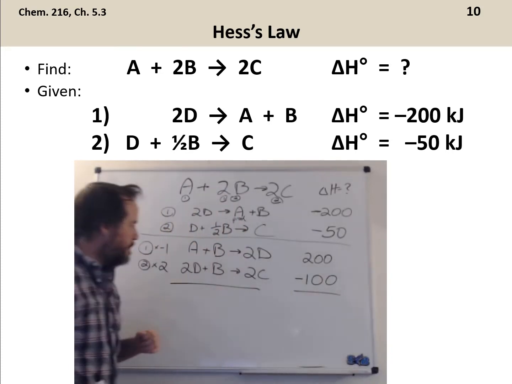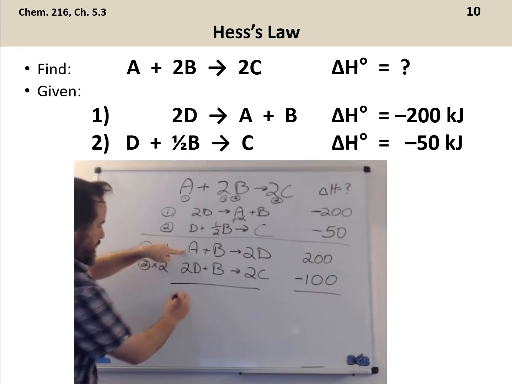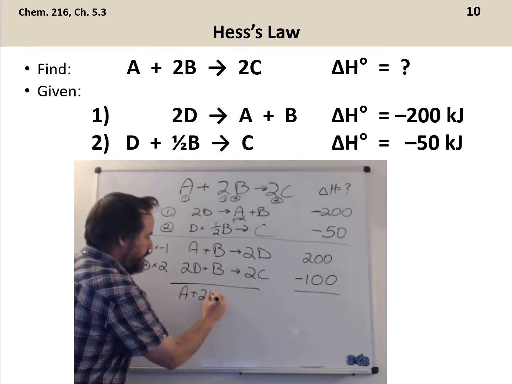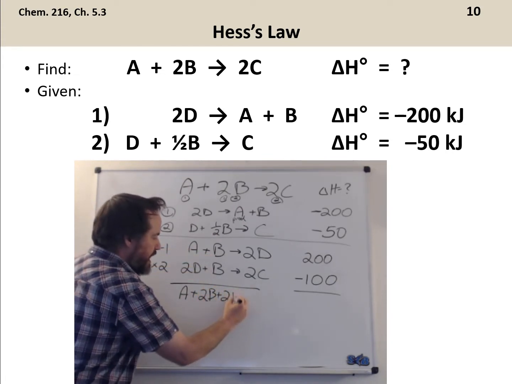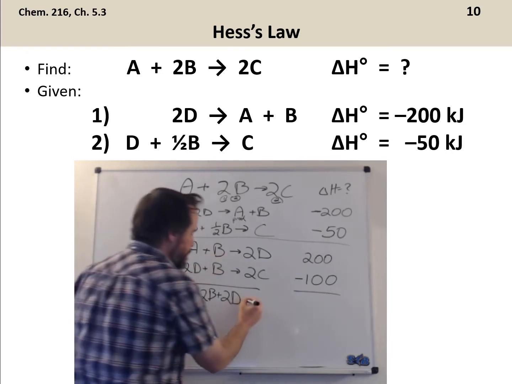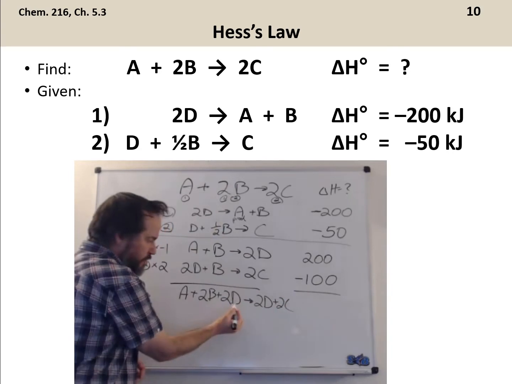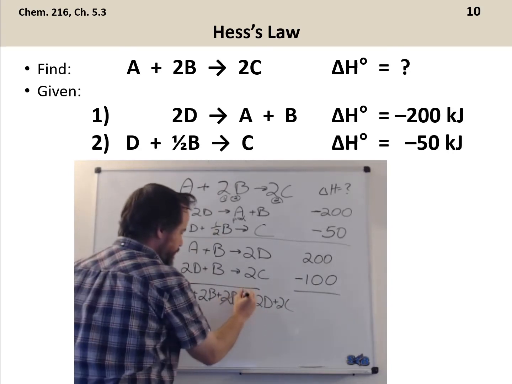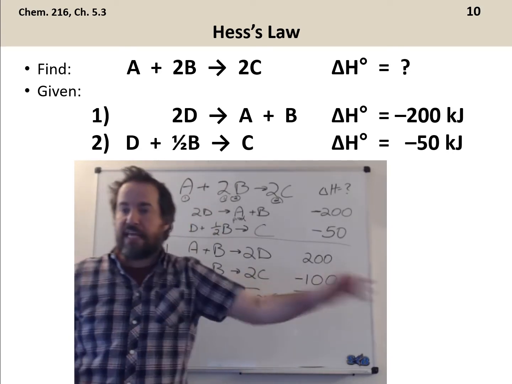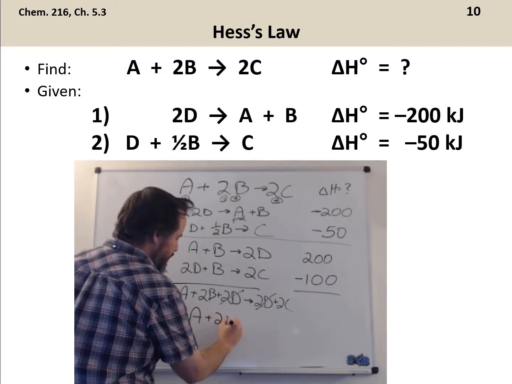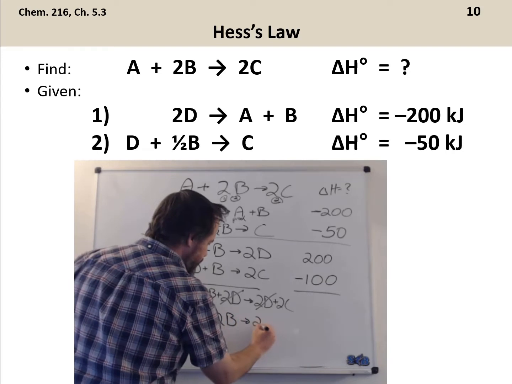Now let's add them up. Okay? So I have A plus B, plus 2D, goes to form 2D plus 2C. Well, I have 2D going to 2D, so those don't exist. Right? So I have A plus 2B going to 2C.